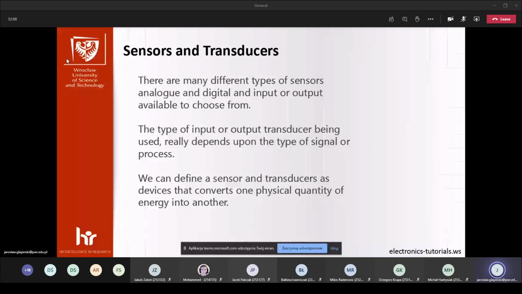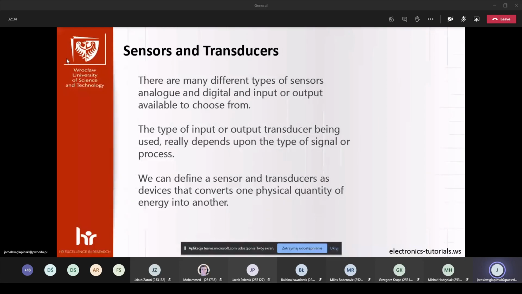Of course, passive sensors are generally analog, because if we want to make them digital, they need to be transduced inside, because generally the physical or chemical changes are not digital, so they are analog.